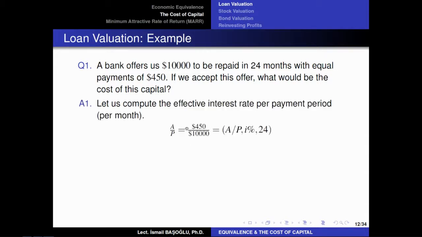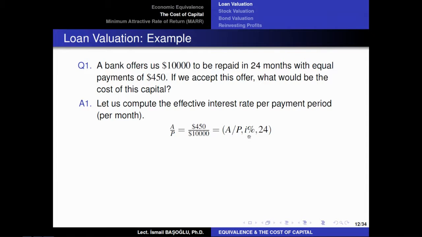Now, we are going to first determine the monthly interest rate that creates these equivalents. You see, this is the initial principal. This is the payment in each month. The ratio between the monthly payment and the principal is 450 divided by $10,000, which is actually obtained by the capital recovery factor under a monthly interest rate of i for 24 months.